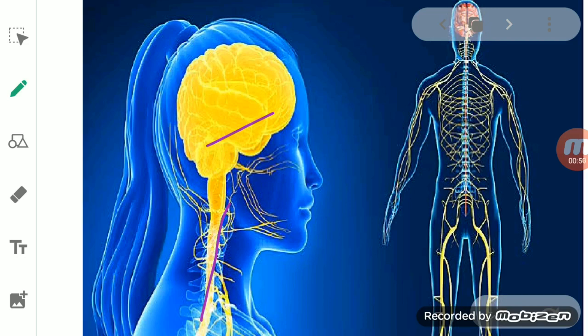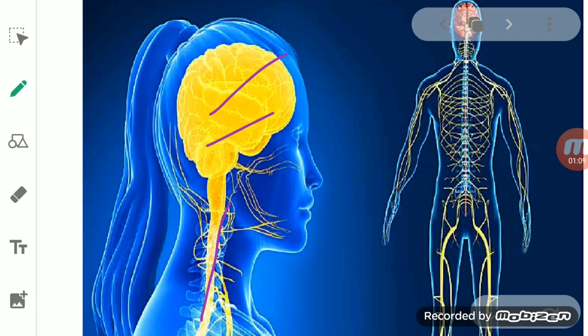This system has the brain, spinal cord, and the other nerves also. All the nerves have the function of transmitting information to the different parts of the body or to the brain.